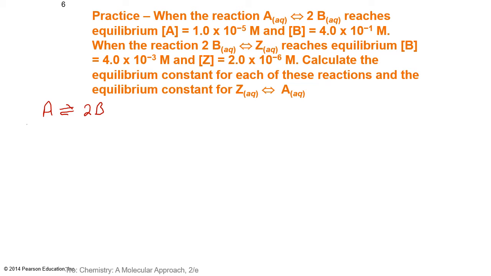So our equilibrium constant expression is going to be products over reactants, so B, and because the coefficient is 2, we have to square it over the concentration of A. We're given concentrations in the problem, so we can plug those into this expression.